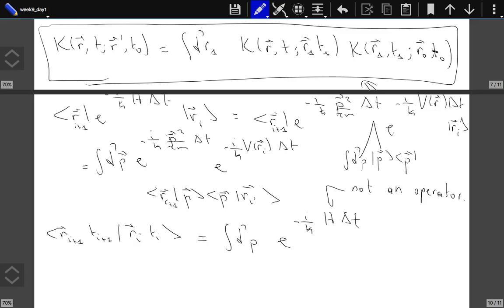So that H is a function of the number p and the position r_i. No operators left. r_{i+1} p r_i.